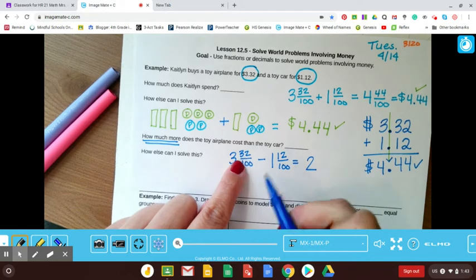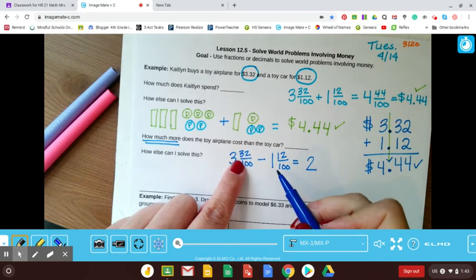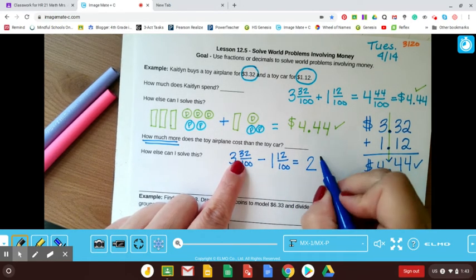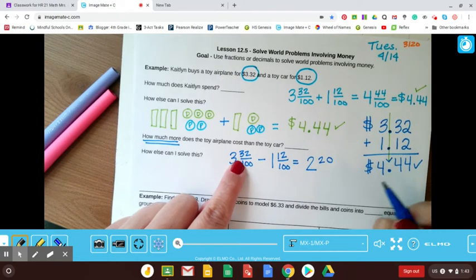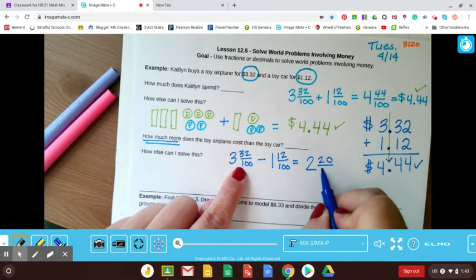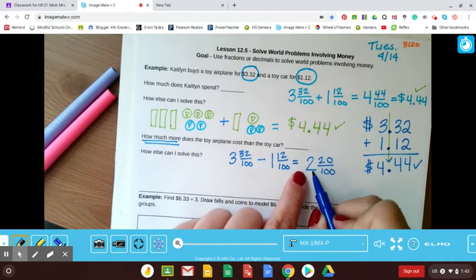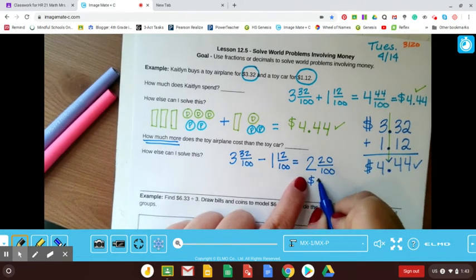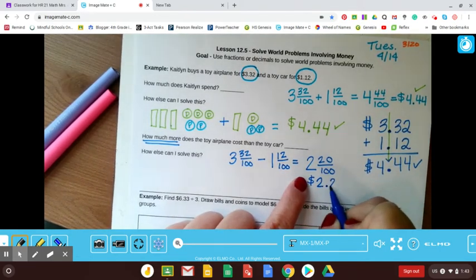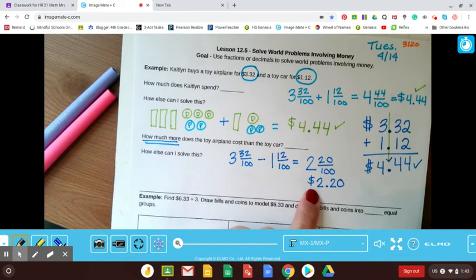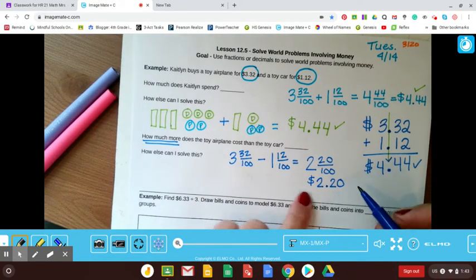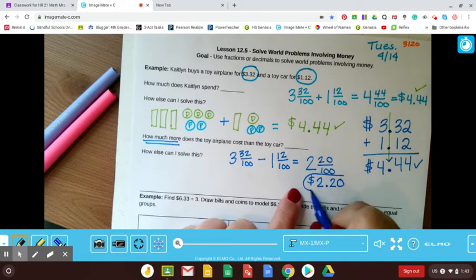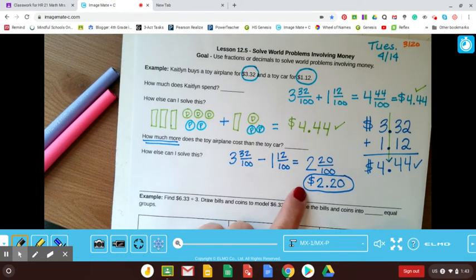I can now just subtract my numerators. 32 minus 12, which brings me 20. And I keep my same denominator of 100. So 2 and 20 hundredths would then equal $2.20. So here's my final answer using fractions.